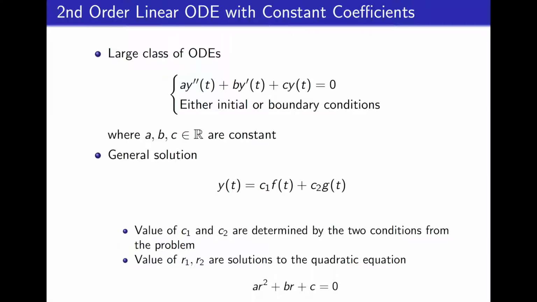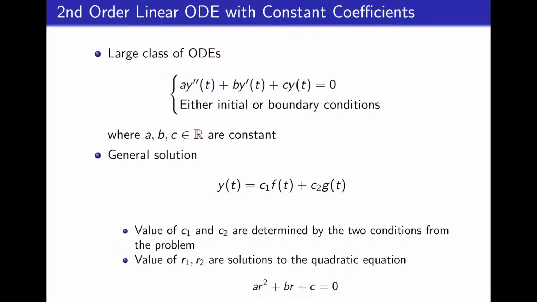The general solution is given here as the sum of two functions, and those forms of those functions we will discuss on the next slide. The values of C1 and C2 are determined through the initial or boundary conditions that are given in the problem. We'll see an example of how those values can be found.